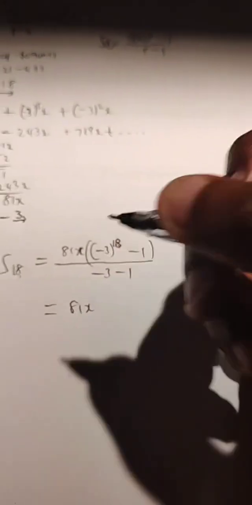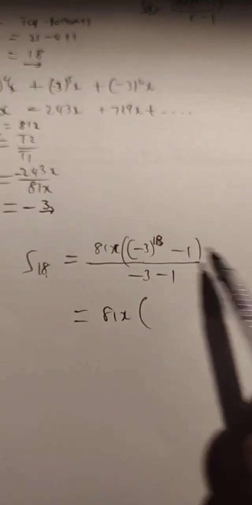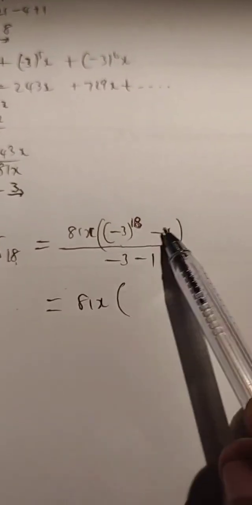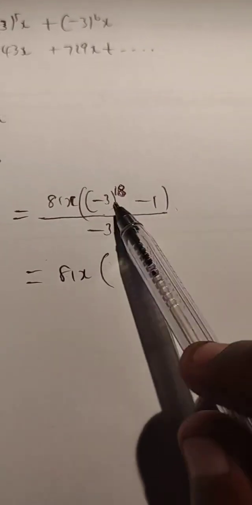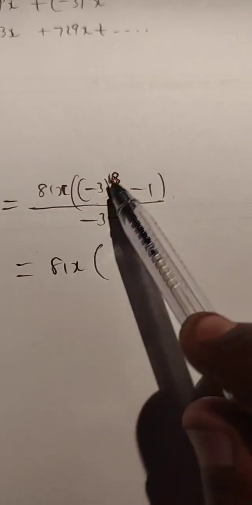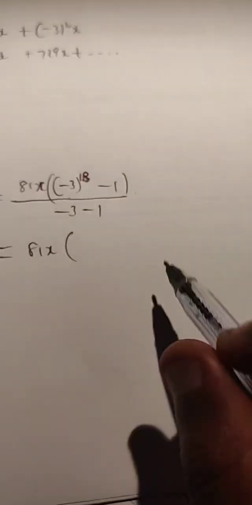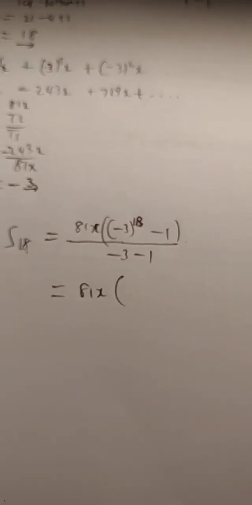So 81x, we start with the brackets first. Yes, we start with the brackets indeed. You put that in a calculator, negative 3 to the power 18 minus 1. You tell us what you get inside that bracket after subtracting. It's going to be a positive answer minus 1.